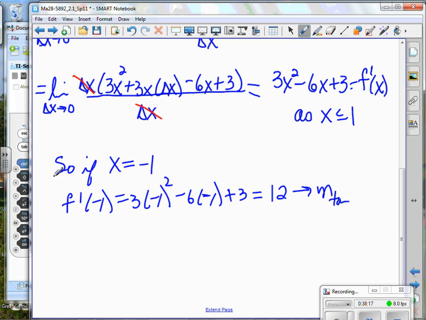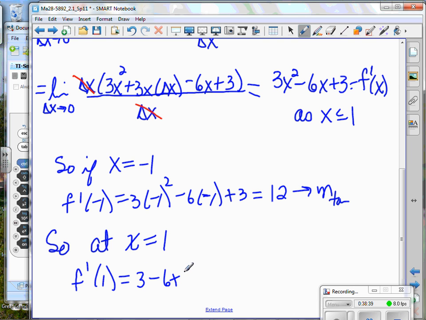How would you do that analytically? I want to know the slope of the tangent at 1. And we found that they converge. So if I put 1 in here, I've got 3 minus 6 plus 3, which is 0.